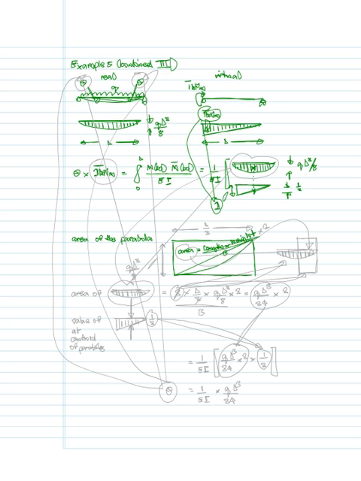So the length in this case is going to be L over 2. So the length of the parabola is going to be L over 2, and then the height of the parabola is going to be QL squared over 8.